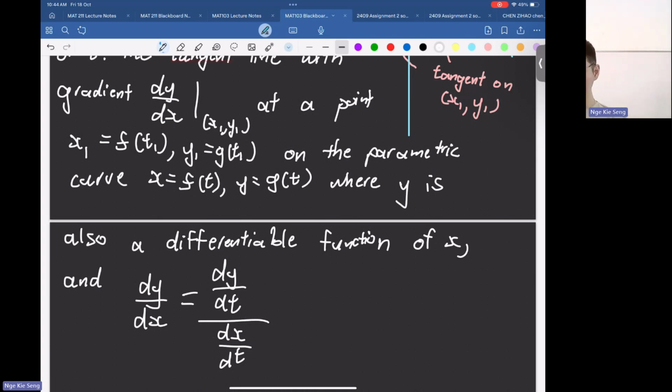Or to be precise, if I write it like this, it's actually not very clear. Why is it not very clear? When you write down this derivative, what you really mean is you apply d dt on y, and then you apply d dt on x. You shouldn't think of it as a fraction. It's an operator.